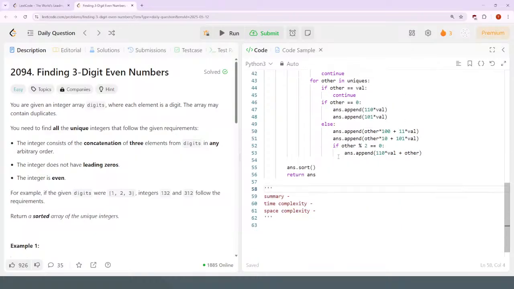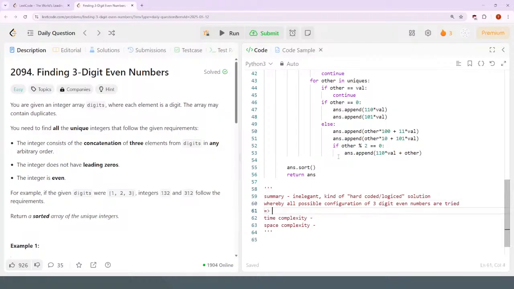Okay, so I guess here the summary is this is a very inelegant, hard coded, hard logic solution whereby all possible configurations of 3-digit even numbers are tried.